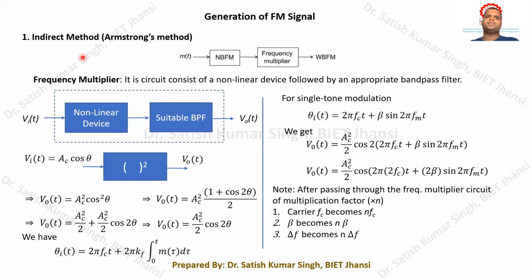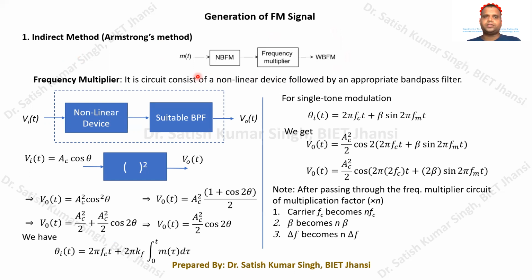So in this indirect method, as its name suggests, it is an indirect method of generating the wideband FM signal, and we have to understand how it is generated. This is the basic block diagram of generating the WBFM signal by using the indirect method. Why are we calling it an indirect method?